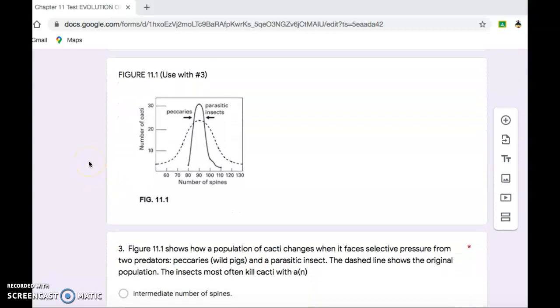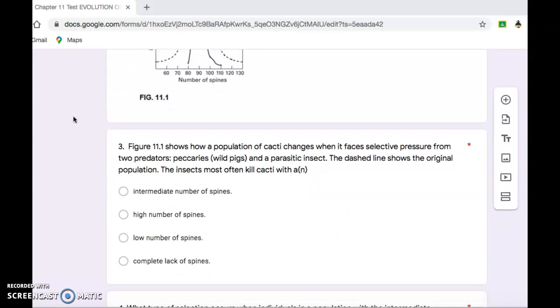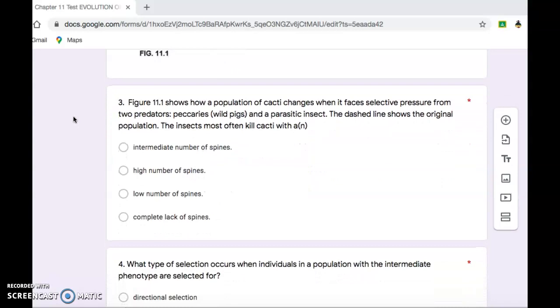For number 3, make sure you are using the figure 11.1. Make sure you're referring to that to help you with your answer. Number 3 says, figure 11.1 shows how a population of cacti changes when it faces selective pressure from two predators, the pecaries, wild pigs, and a parasitic insect.